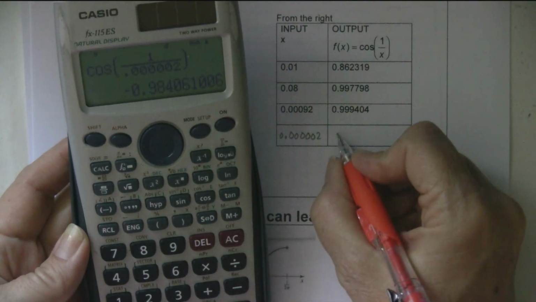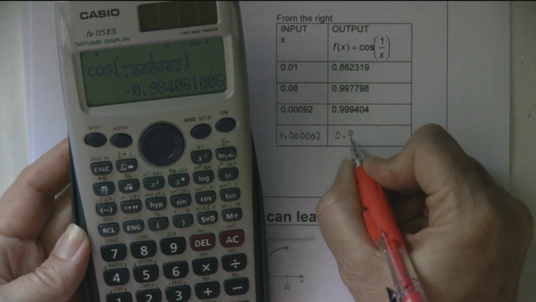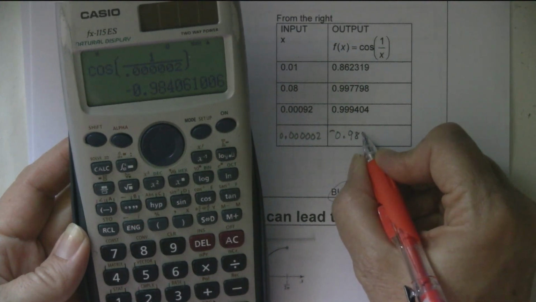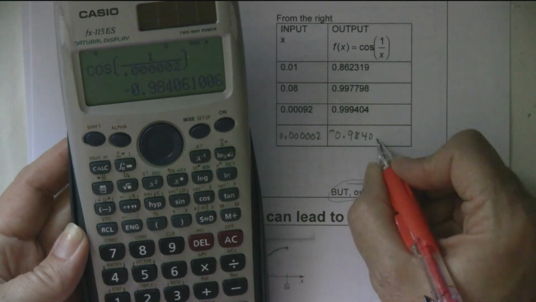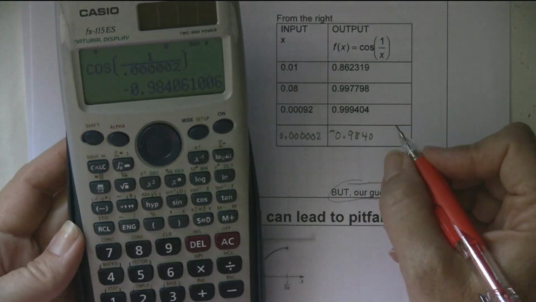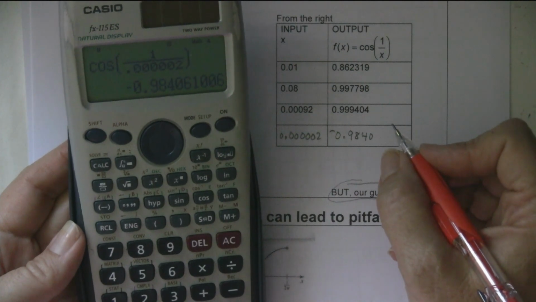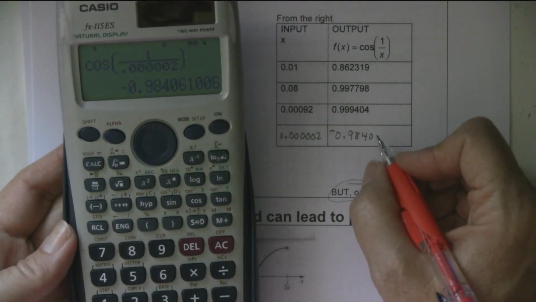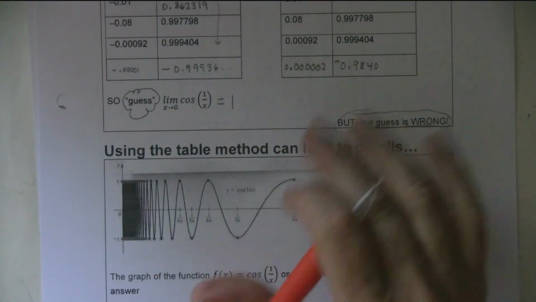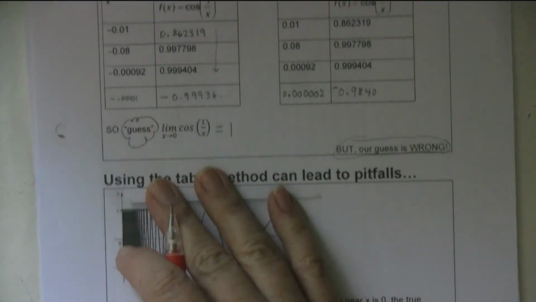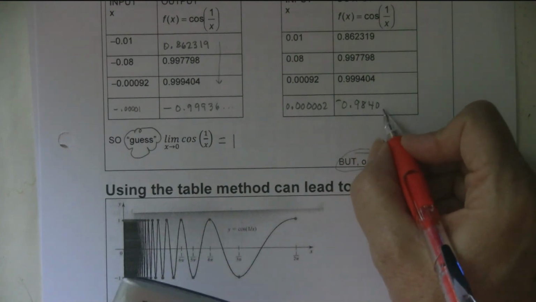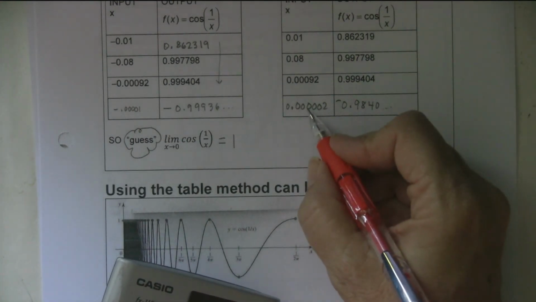And here I get negative 9.8, coincidentally negative. I didn't know what it would be. Could have been anything. It could have even turned out to be half. I just know that it would be a number between -1 and 1, because that's where cosine goes. And so it actually could have been anything.